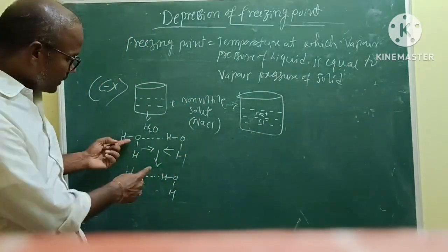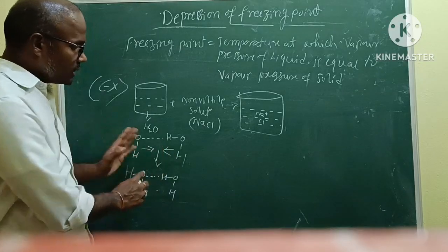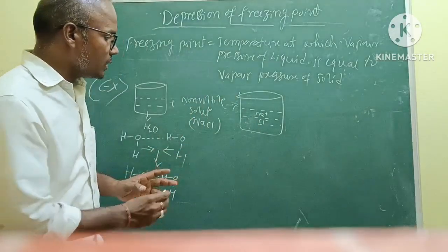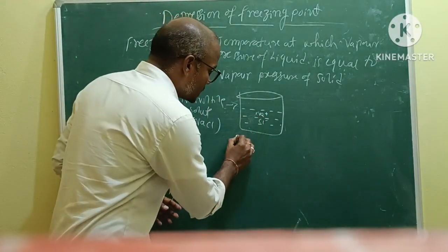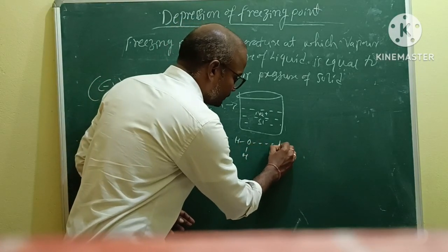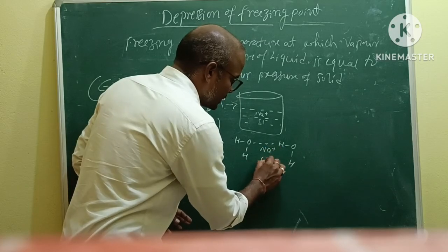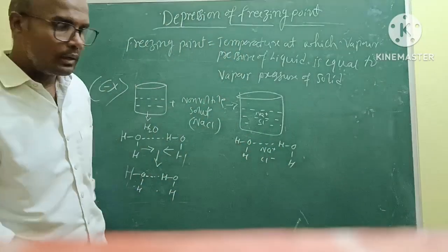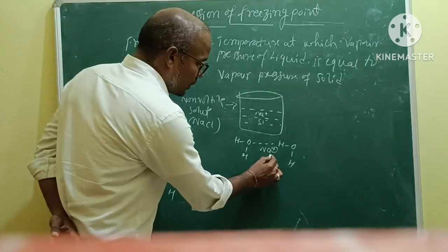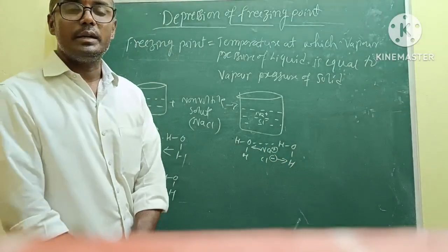Like here, there will be no obstruction because only H2O particles are present. But when NaCl particles are present, these particles cause obstruction of the hydrogen bond. These Na plus and Cl minus particles occupy space between the water particles and cause an obstruction to the hydrogen bonding.